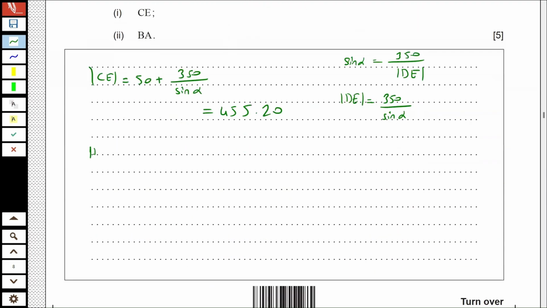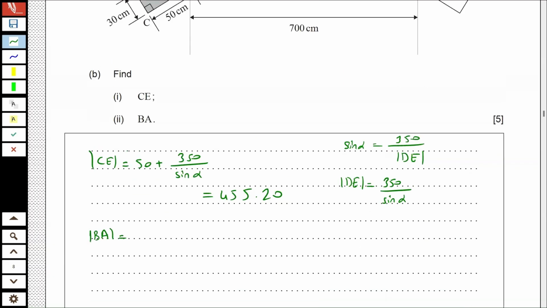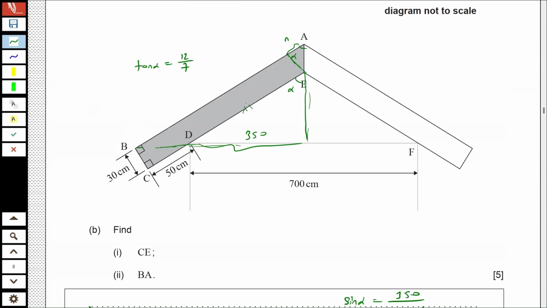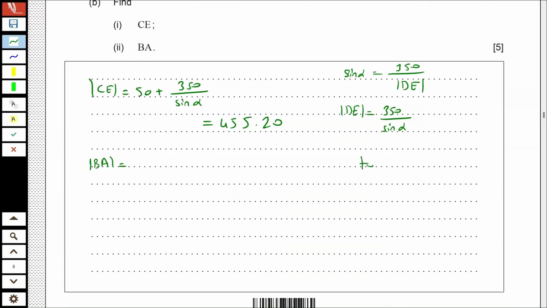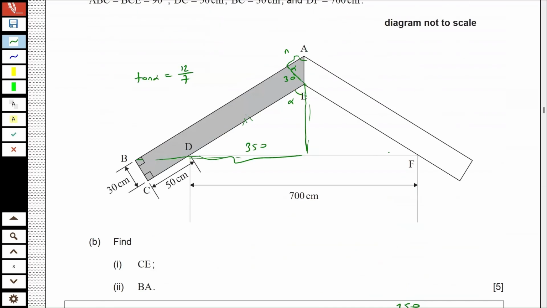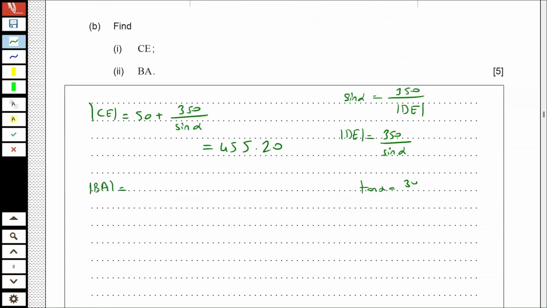To find BA, I know this length is 30 centimeters, and also tangent alpha. Tangent alpha equals 30 over n. So n equals 30 over tangent alpha.